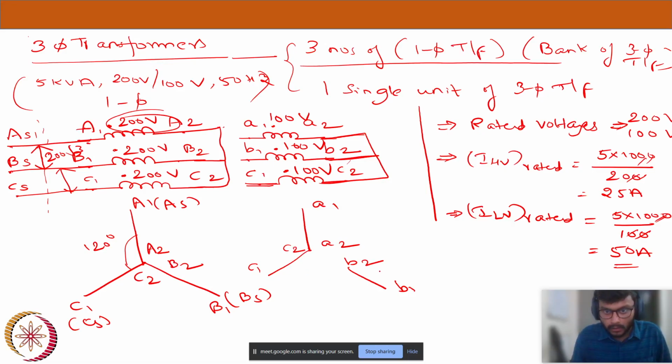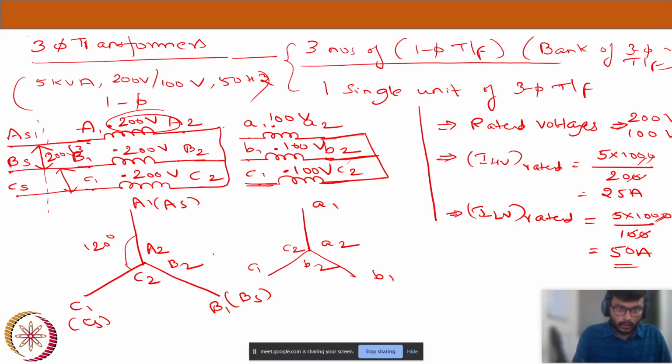Now I will move this phasor to here, B1 and B2. So this is how my secondary phasors look when both primary and secondary are in star connection. Primary is star, I have shorted capital A2, B2, C2. In the secondary LV side I have shorted small a2, b2, c2, and that's how my phasor diagram will look.